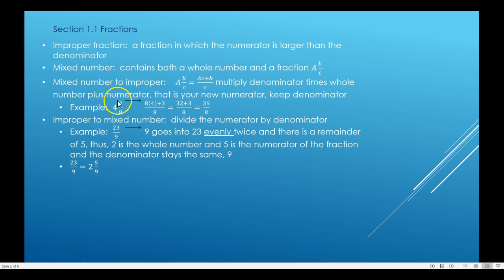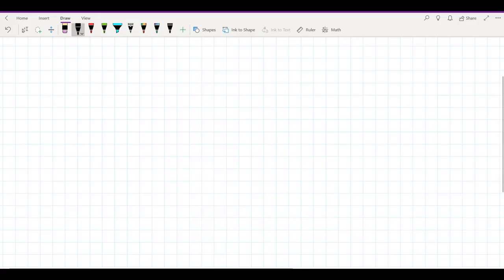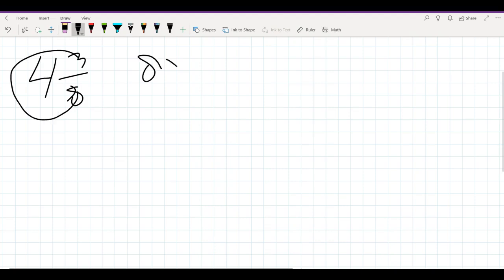So for an example, 4 3/8. If we have 4 3/8, kind of call this a backward C. You start with the 8, multiply by the 4, add the 3.